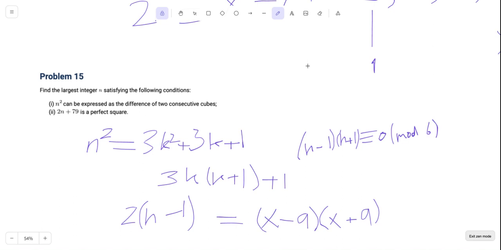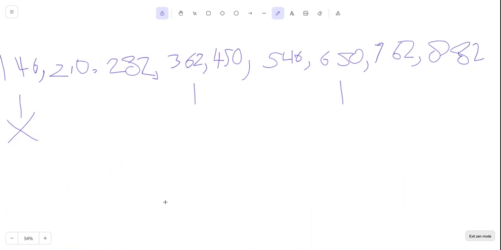You can approximate its square root as around 100 or more. So if you divide by numbers right above 100, it's 104 times 105, which means it is actually valid. So it's 105 squared minus 104 squared.